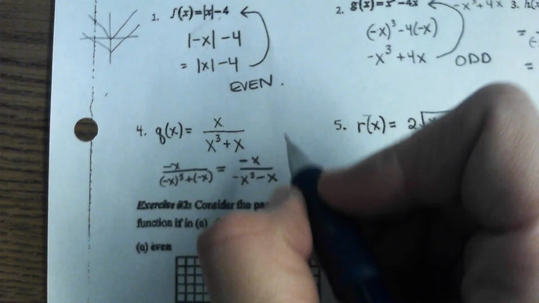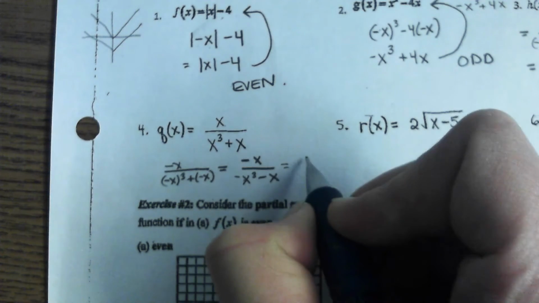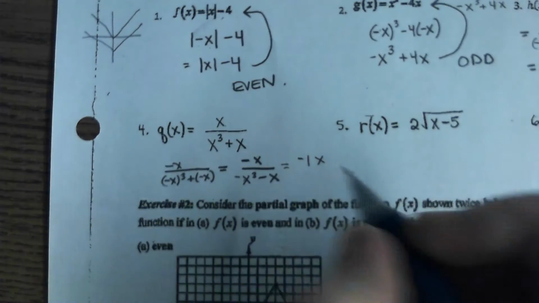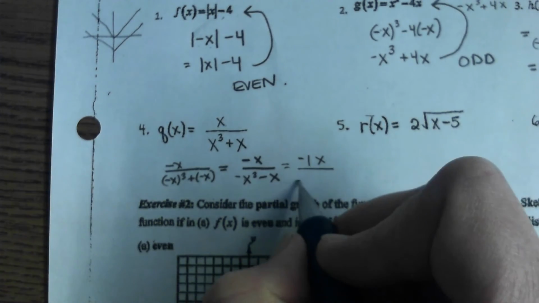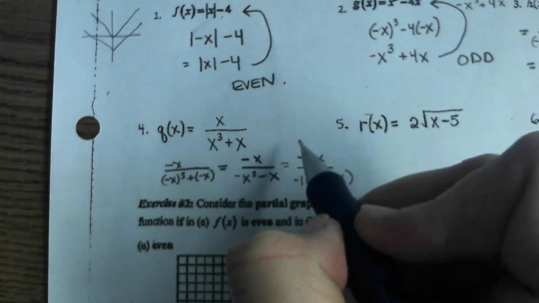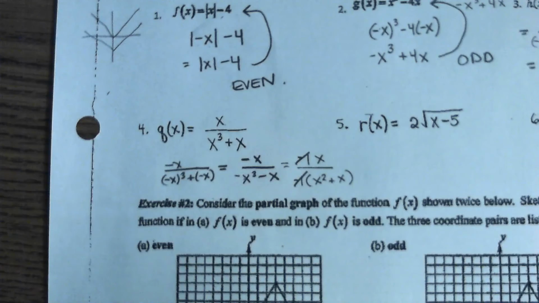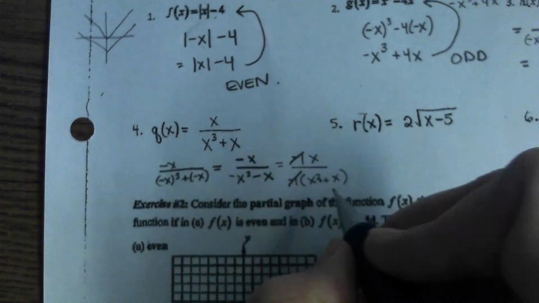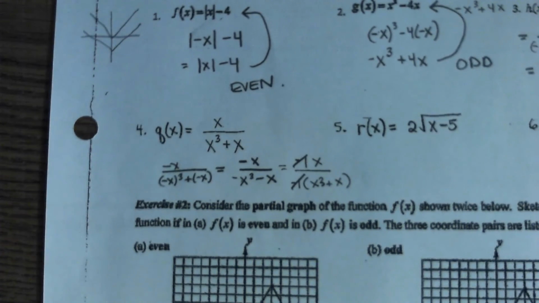So really what we could do here is we could factor a negative 1 out of the numerator, and factor a negative 1 out of the denominator, and your double negatives would cancel. And then you have the same as the original.